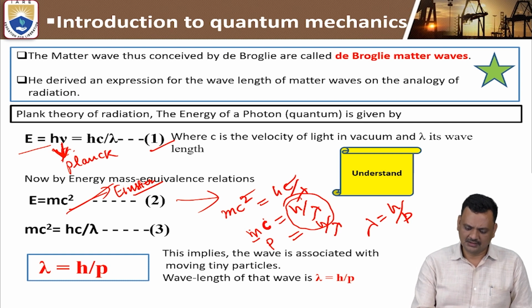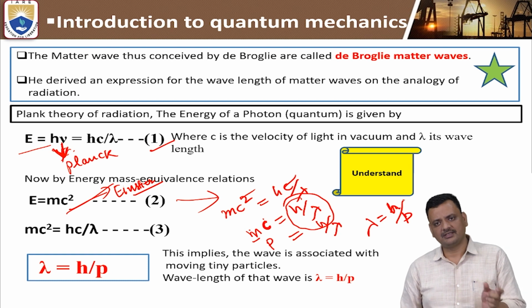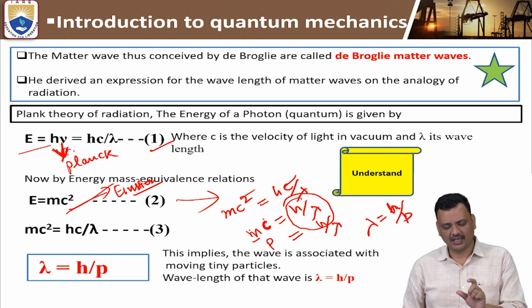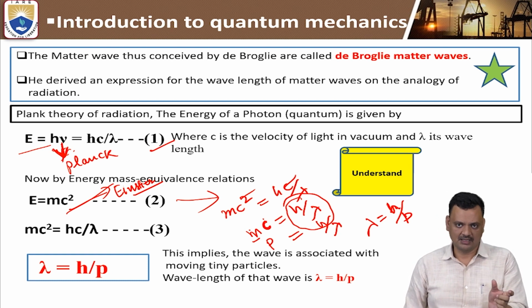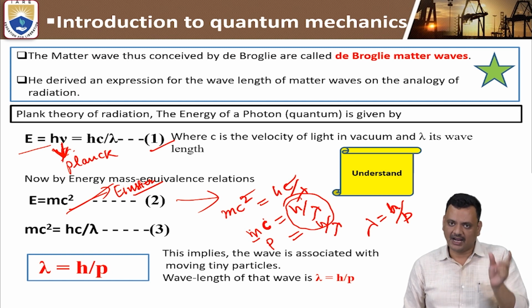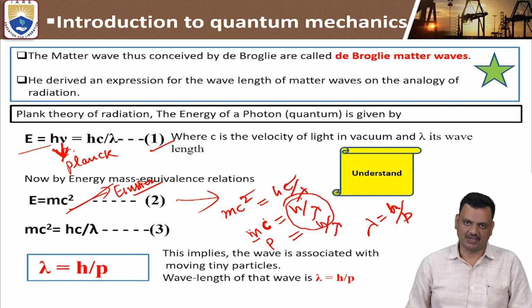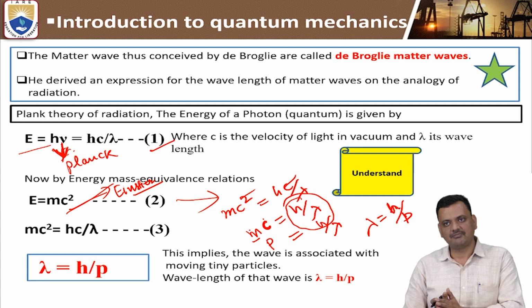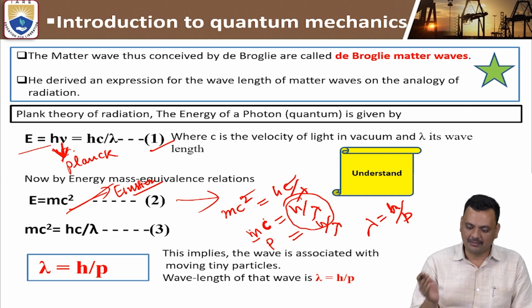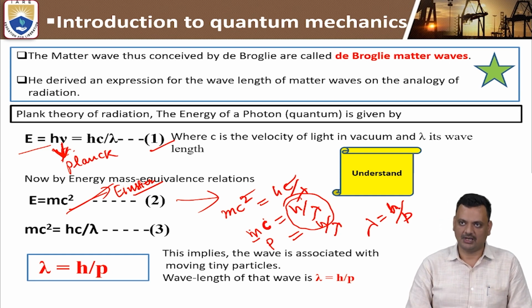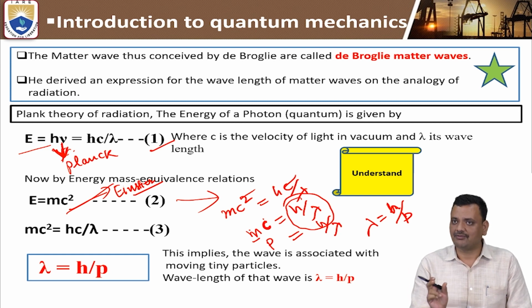So there is a wave associated with any moving particle, and the wavelength value of that wave is equal to h upon p. That is the concept of matter wave, proposed by Louis de Broglie. That's why the complete name of matter wave is de Broglie matter wave.